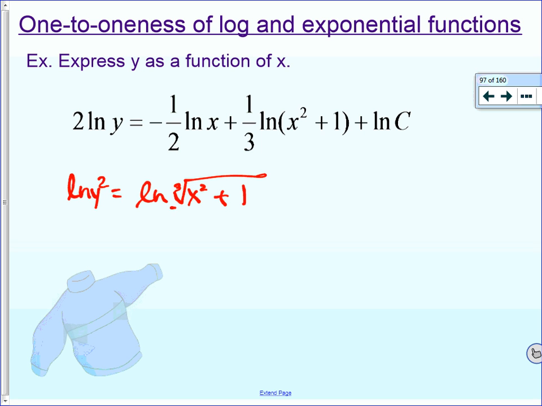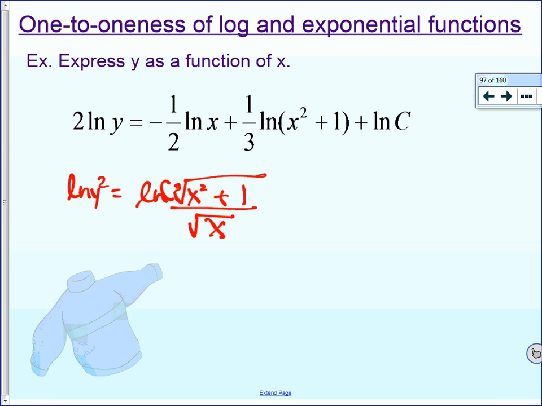So it's over the square root of x. Okay? Because the half ln x is negative, that goes on the bottom. So this is this one. This is this one. Ln of c gets multiplied. So the c you can just multiply up here. I'll just throw a c right here. Questions on that?